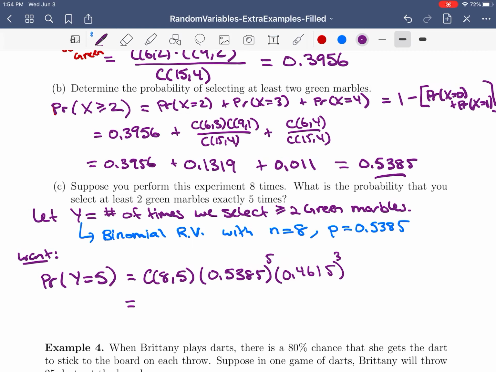And if we compute that, we get 0.2492 approximately. So we were counting how many times the event from part B happened when we did this entire experiment 8 times. Okay, so we turned a non-binomial thing into a binomial thing by repeating the experiment over and over again.